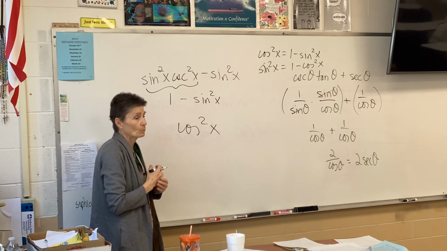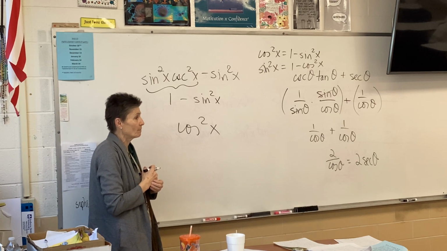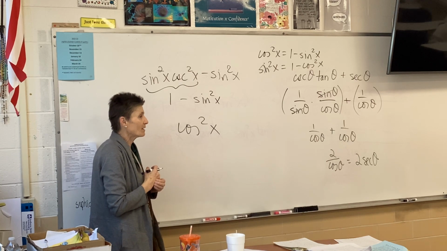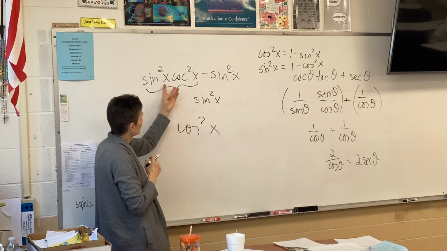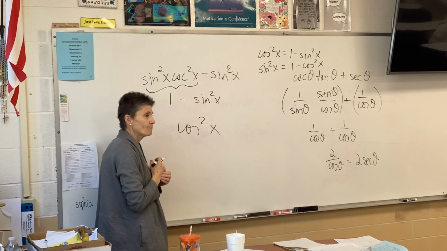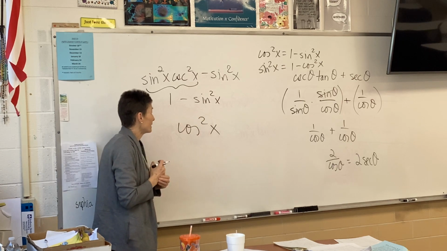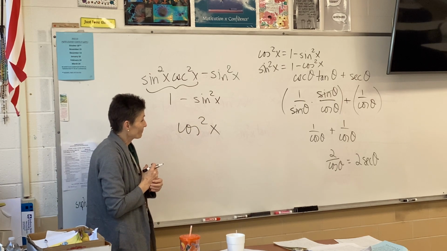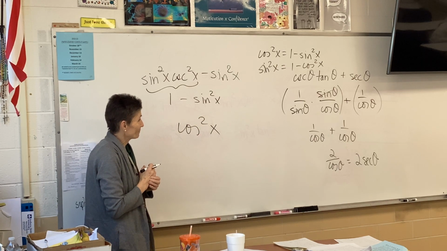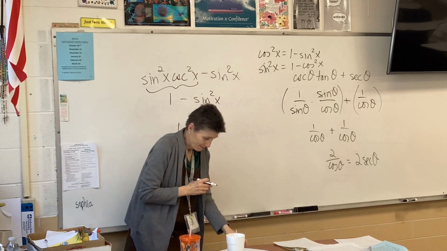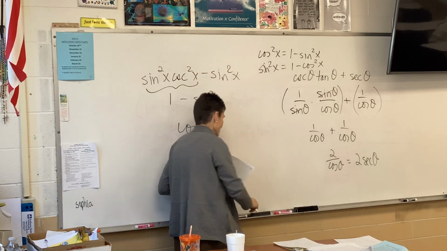There are other ways, of course, you can do this problem, but this is kind of an obvious way. We've got reciprocals right here being multiplied, and then as soon as we did that, we were left with our identity. Okay, how about 16?